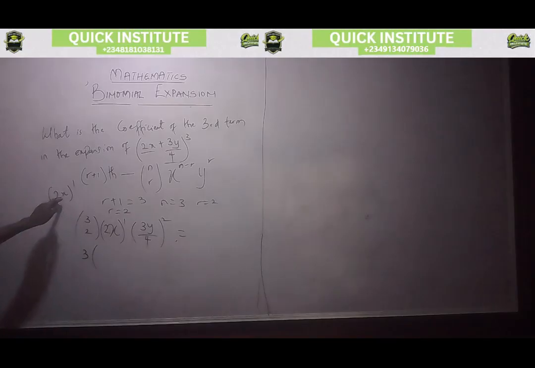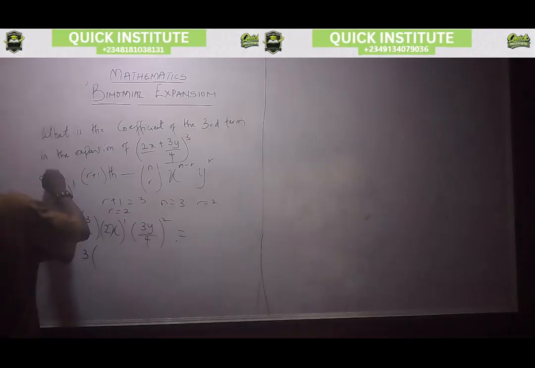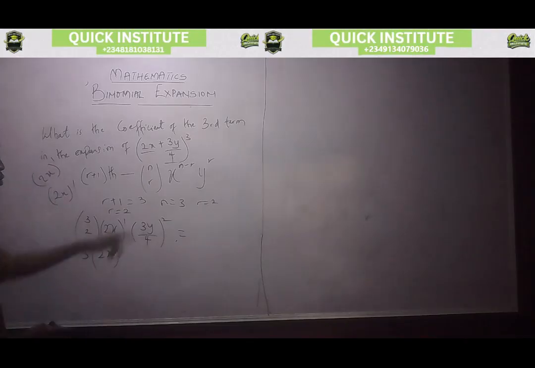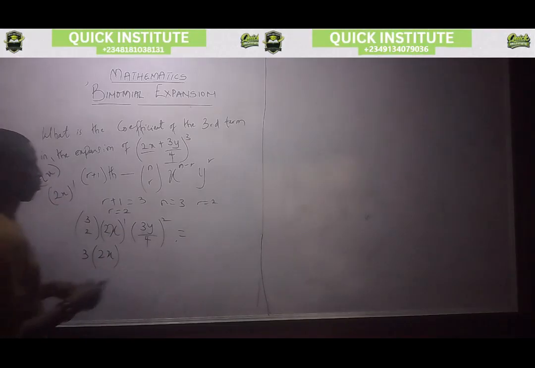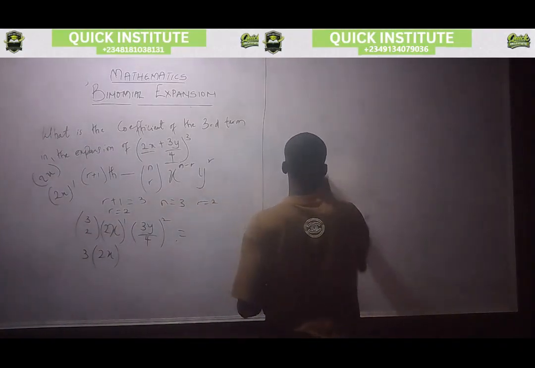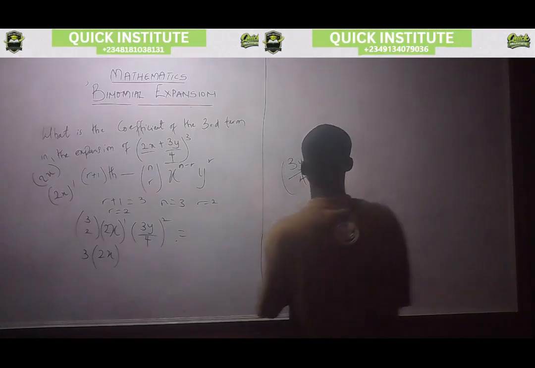Anything raised to the power 1 is the same, so the one in the bracket is still 2x. Now, to expand this one, 3y over 4 all squared.